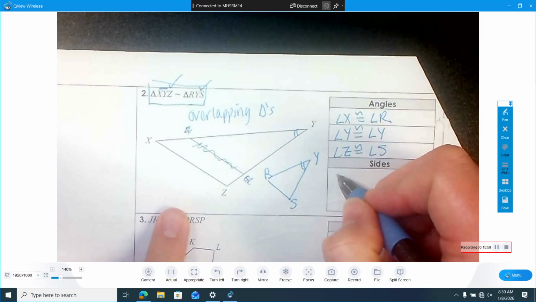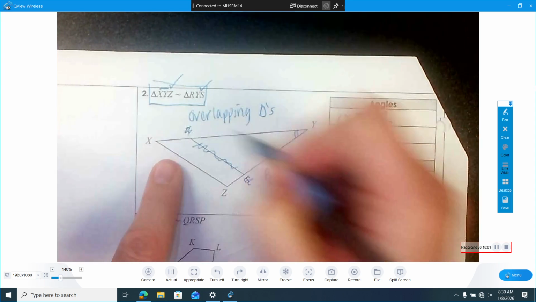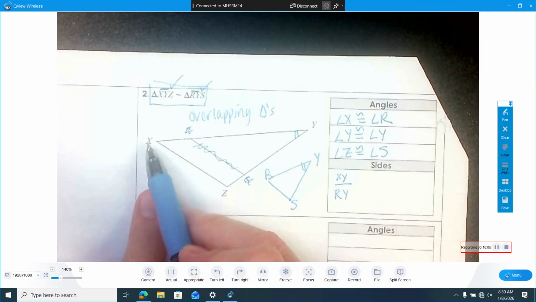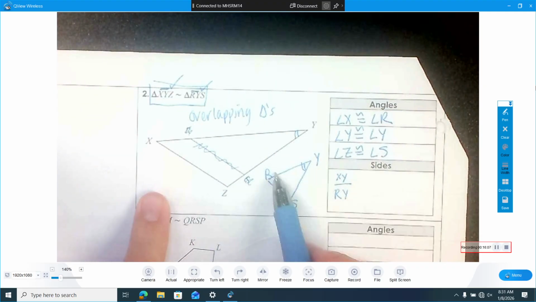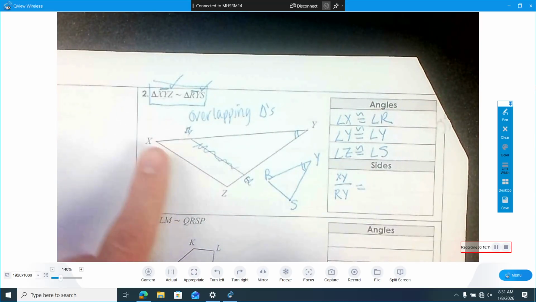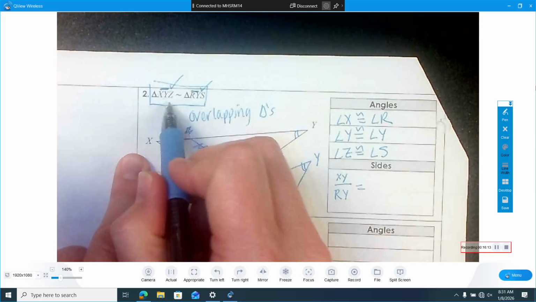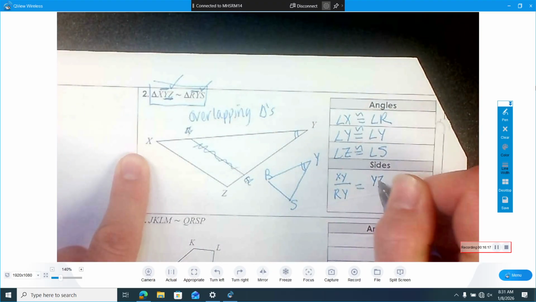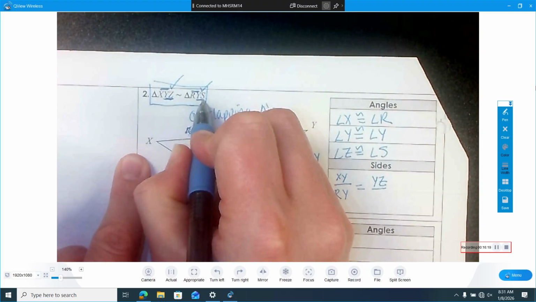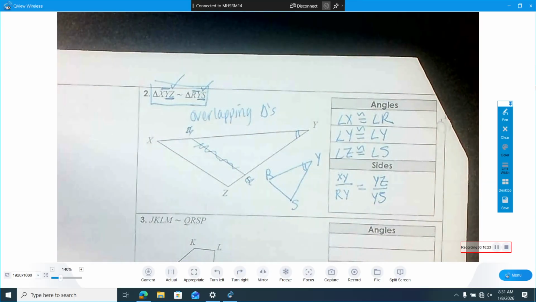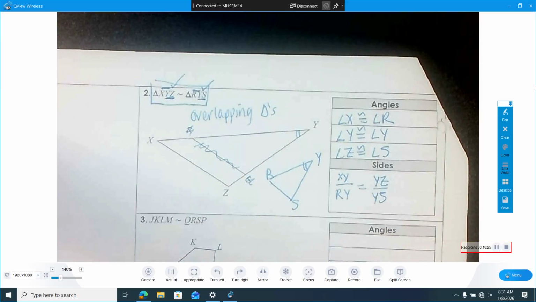We can do it from the similarity statement as well. XY corresponds to RY, absolutely. We can also do it on our picture here. XY is this top side, and that's RY on the top side. And that's proportional to, I can use my similarity statement again. YZ corresponds to YS, the last two letters. That little similarity statement is really, really clutch.